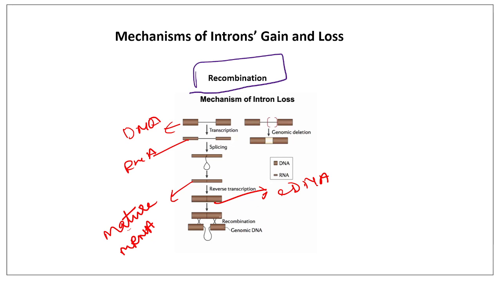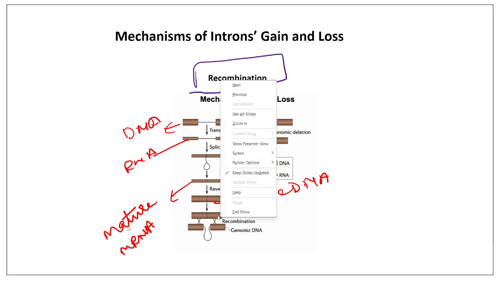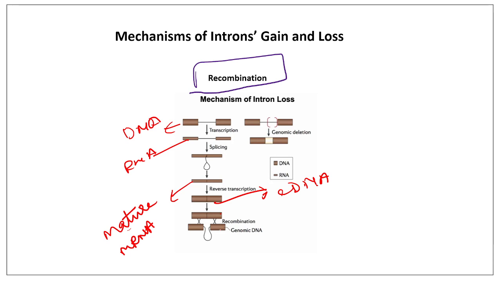Now if this cDNA recombines with any normal genomic DNA, then when this kind of recombination happens, this particular intronic region is deleted. When recombination happens between the cDNA and the genomic DNA of the same type, then this particular region is deleted.